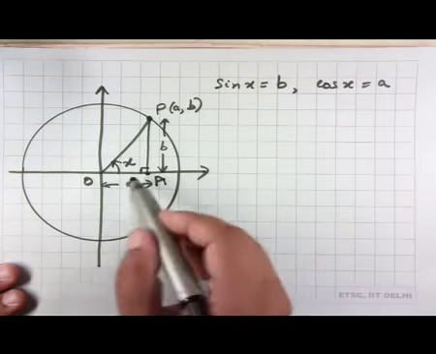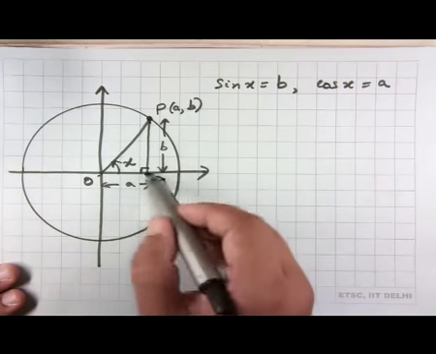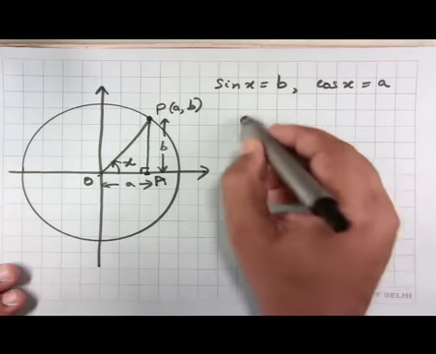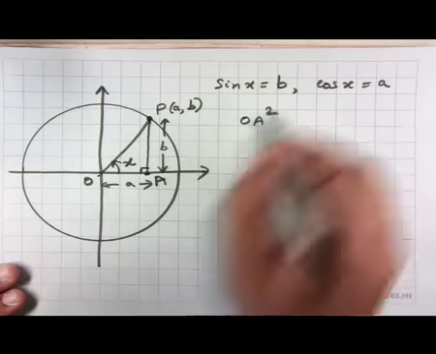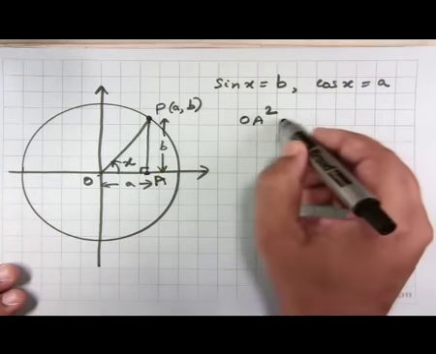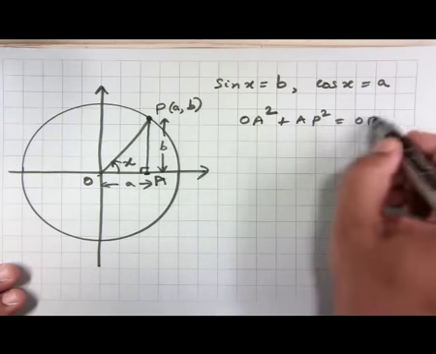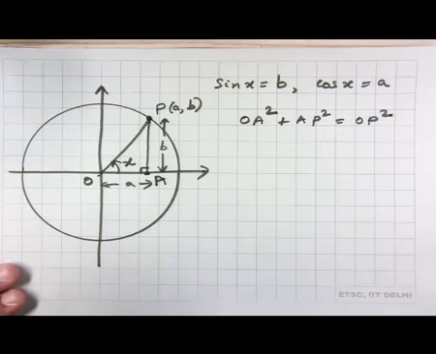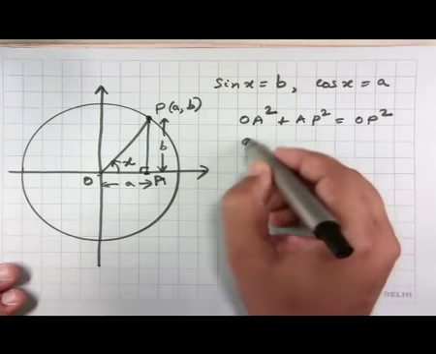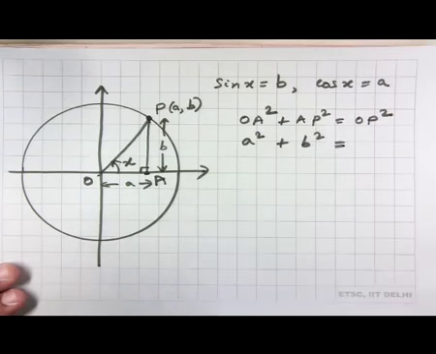Now, if you look at this right angle triangle over here, OAP, then from the Pythagoras theorem we know that OA square plus AP square is equal to OP square, where OA is the length of this segment OA, and OA is nothing but a. So essentially a square plus b square is equal to OP square.